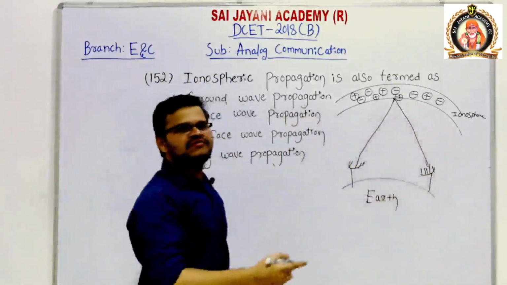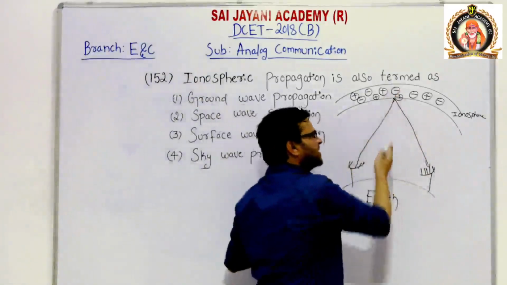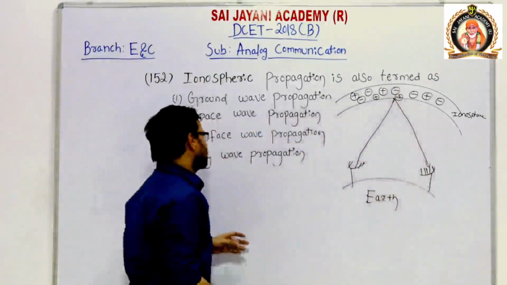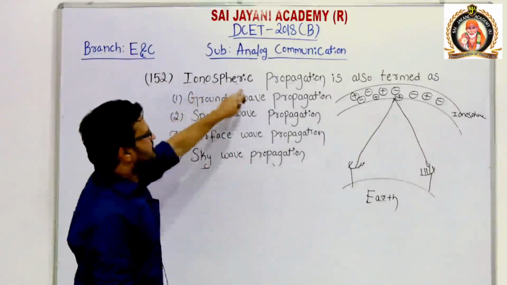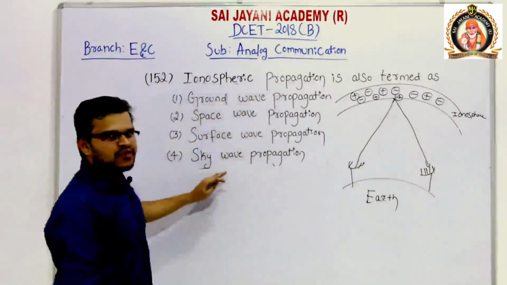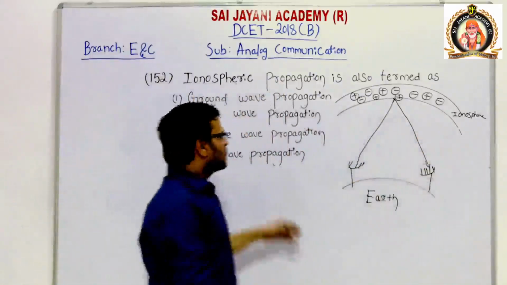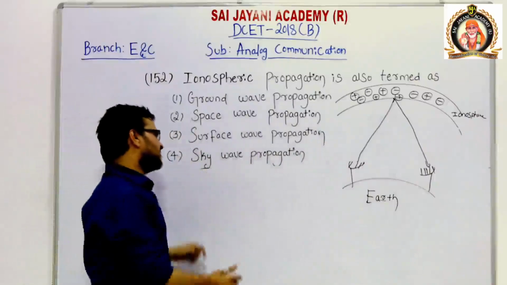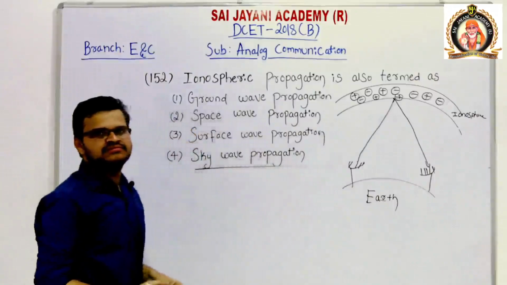The total internal reflection takes place when the incident angle is greater than the critical angle. So sky wave propagation is also termed as ionospheric propagation because sky wave propagation happens in the ionosphere. So from the above options, the correct option is sky wave propagation.